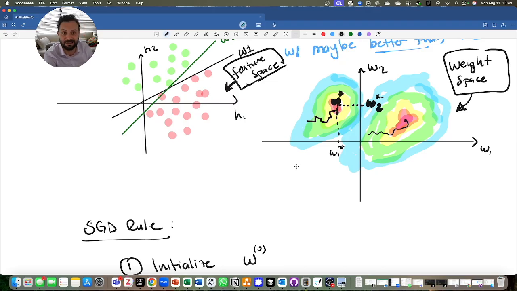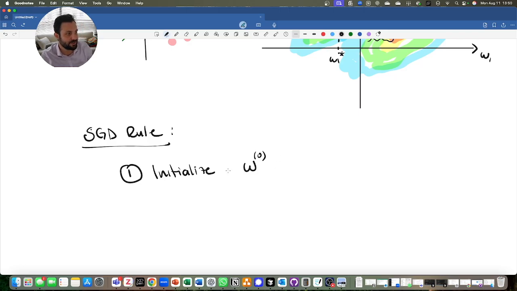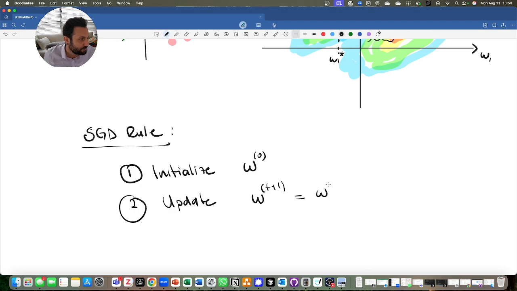And I will be landing in some point according to the cost function that I am calculating, that has some convex hull around it. And two, I update my W^(t+1) equal to my W^t minus some step size, times dJ/dW evaluated at W equals W^t.